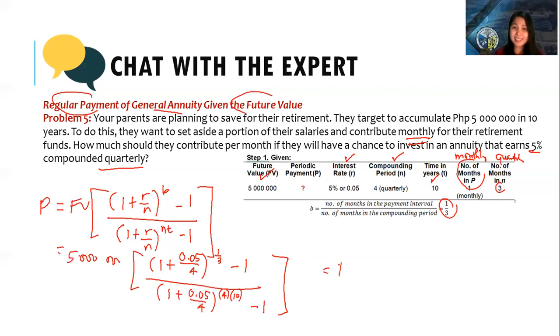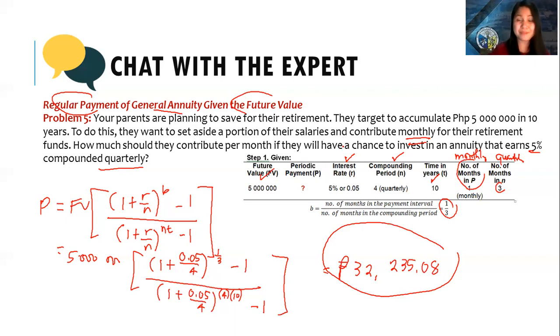Using your calculators, the answer will be 32,235.08. So your parents need to contribute monthly 32,235.08 for 10 years so that they can have a possible retirement fund of 5 million. If you need to check this, you can pause for a moment and review the problem.